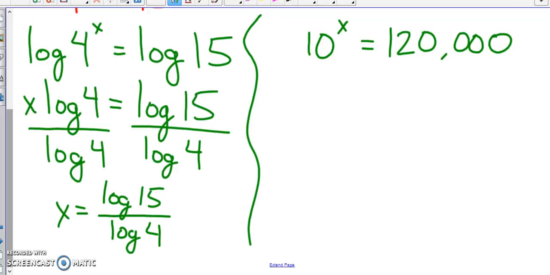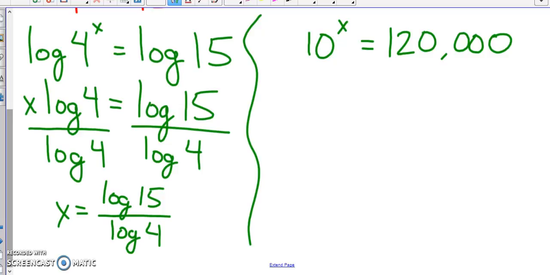Would I rather use common log or natural log here? Why? The base of the natural log is e, right? What's the base of the common log, when I don't write the base? 10.